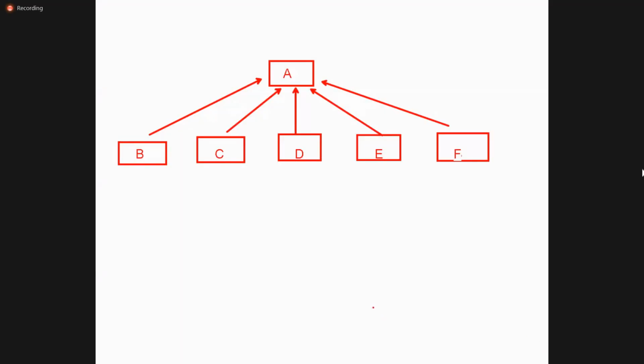Now observe. A is an interface, and these are all classes. Suppose there is one method, show, which is an abstract method.